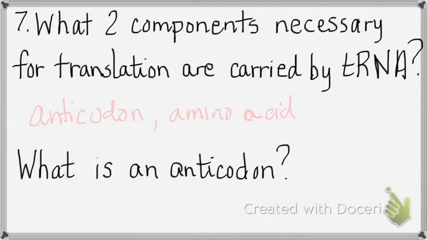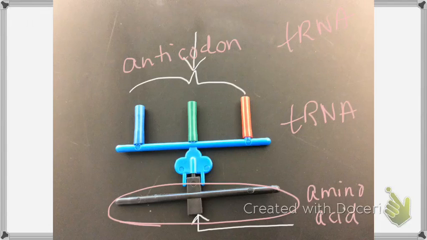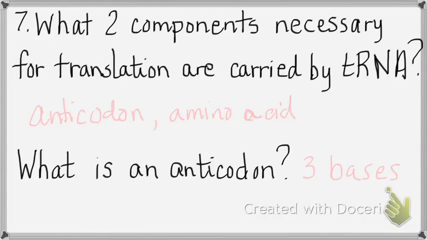But okay on that one. Okay, and then I'll help you with this. What is an anticodon? I'll get us started. It is 3 bases. So let's go back and look. There they are. There's the 3 bases. Oh, it is 3 bases. But there's specifically 3 bases complementary to a codon.